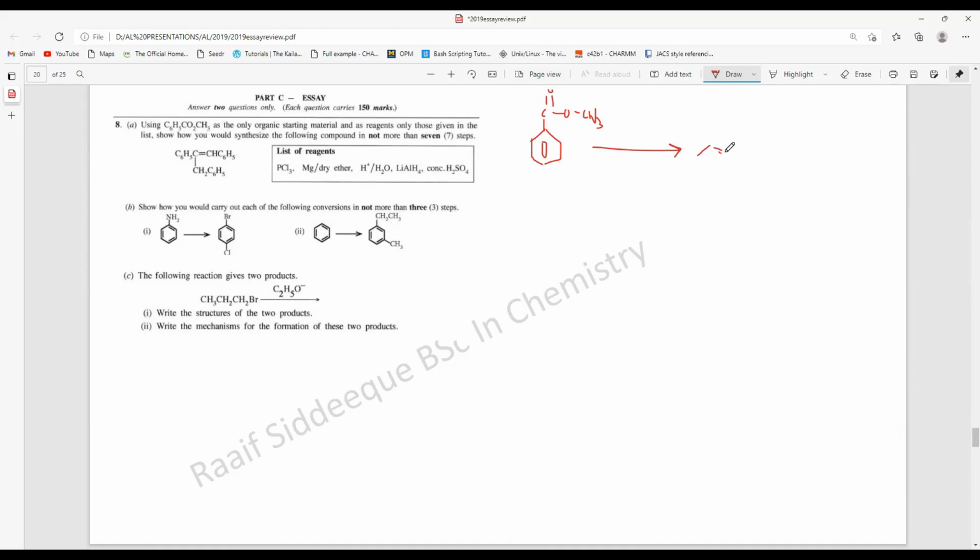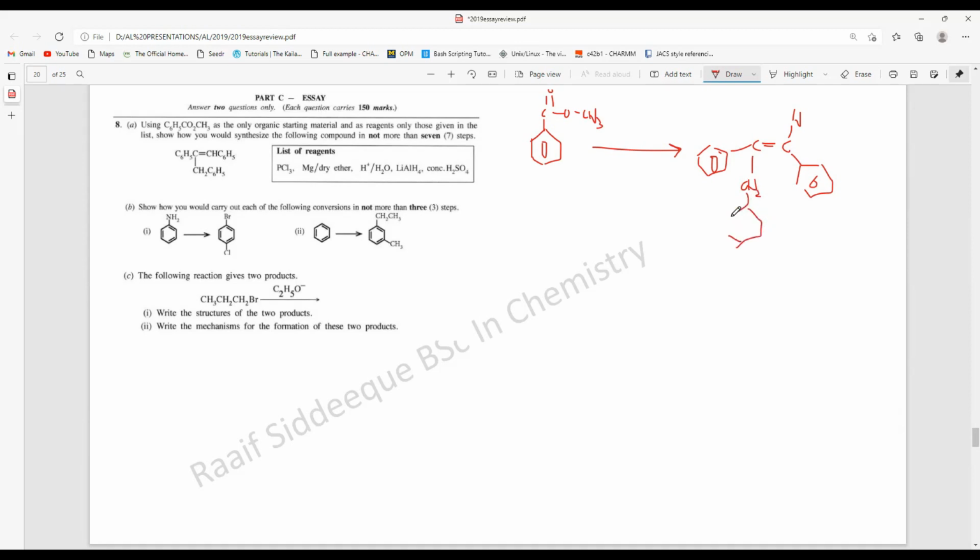Benzene, there is a carbon here and a double bond here, and hydrogen is here. This is another one, and this is a CH2 benzene.